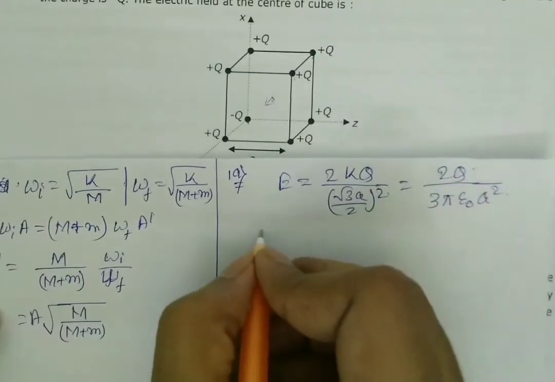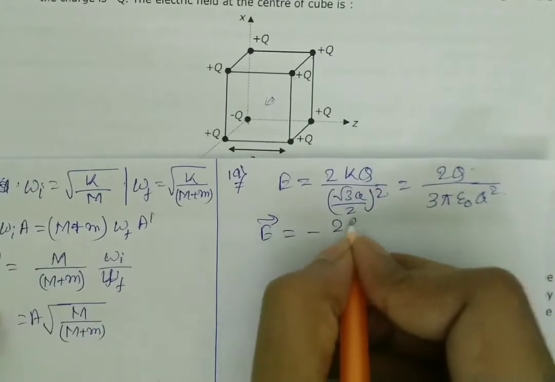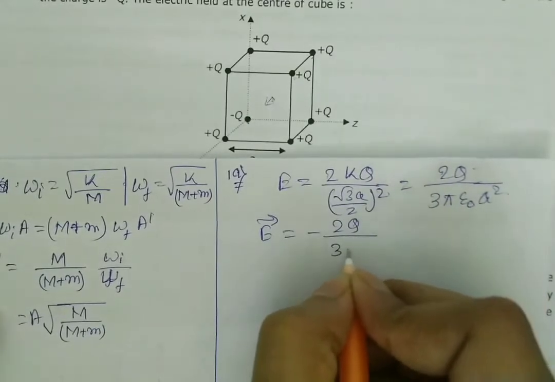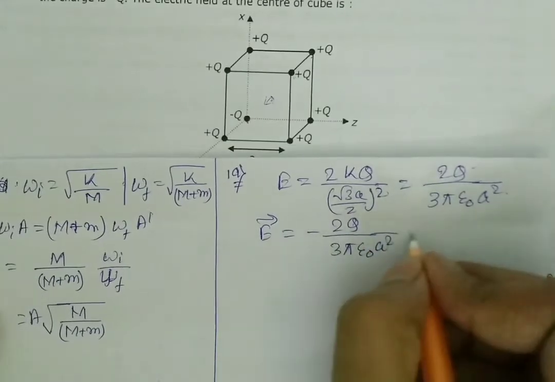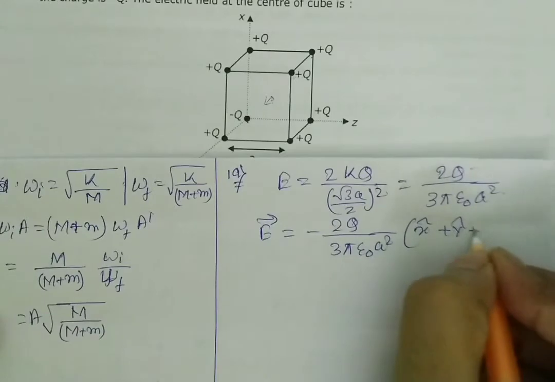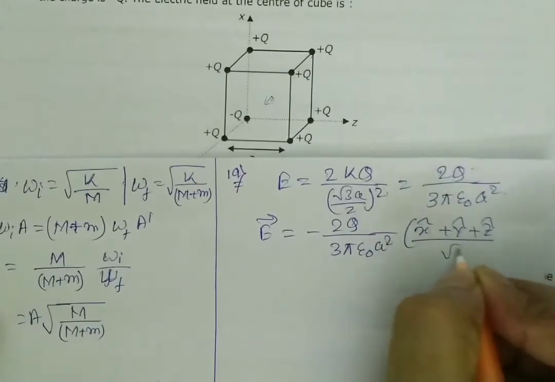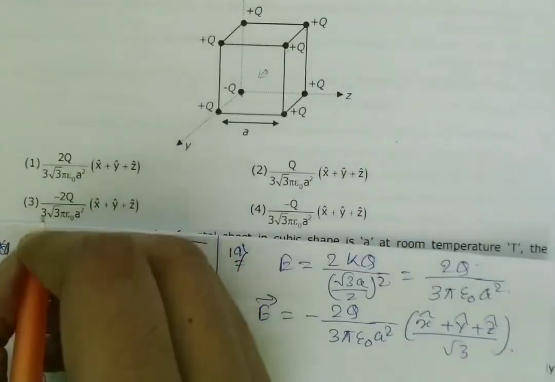So in vector form it will be equal to minus 2q by 3 pi epsilon naught a square into (x cap plus y cap plus z cap) by root 3. So the correct option will be option 3.